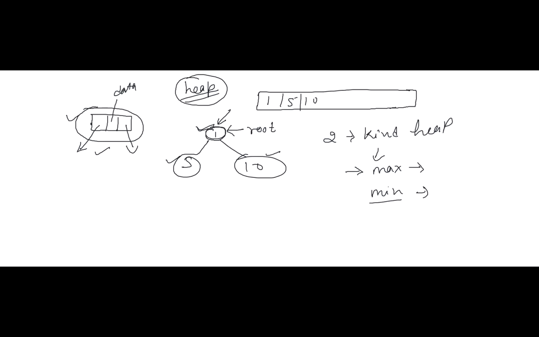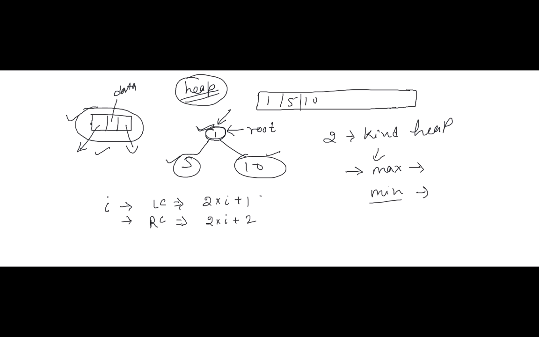If we are at index I, the left child would be 2 into I plus 1 in this array. And for the right child, we have 2 into I plus 2.